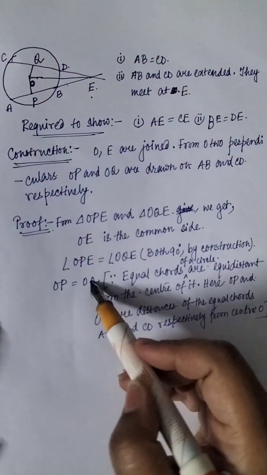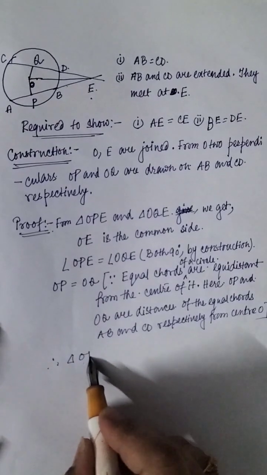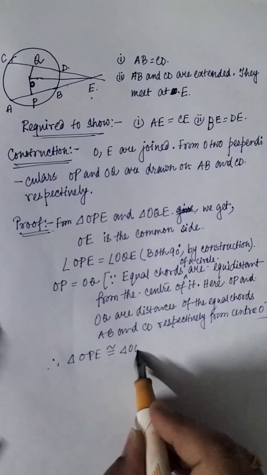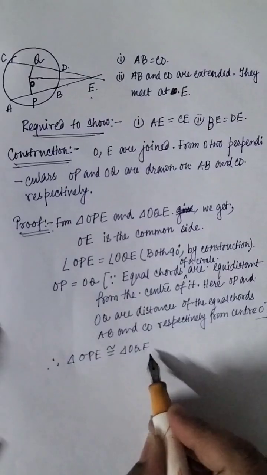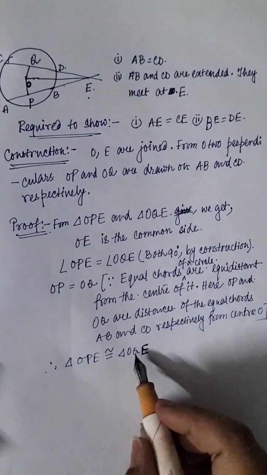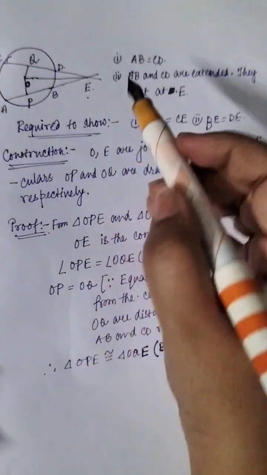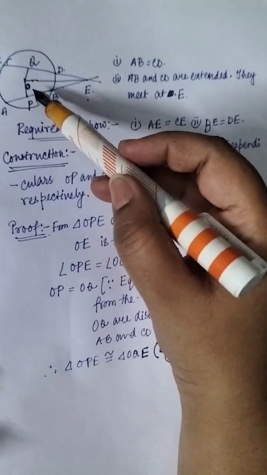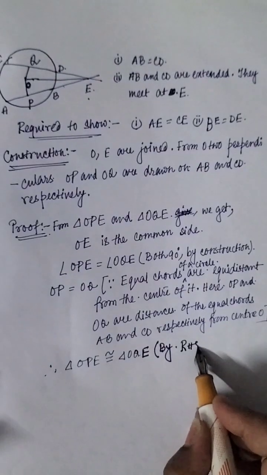So three equalities are found. So we can say triangle OPE is congruent to triangle OQE. By which condition? We have considered this side and this angle. So right angle, hypotenuse, side, by RHS condition.